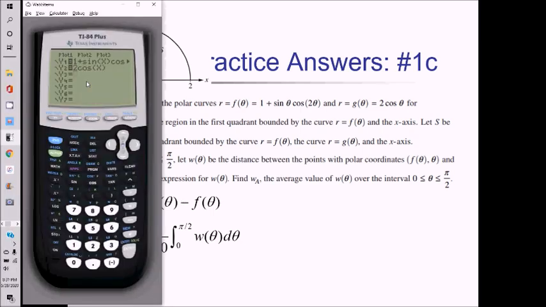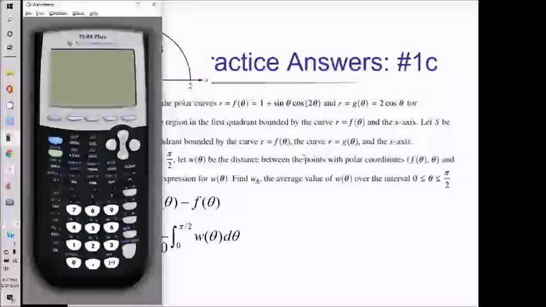To make this happen on the calculator, I need to define w on here, or at least it'd be helpful. So that was g minus f: alpha trace y2 minus alpha trace y1. There we go, and let me quit out of there. Now I'm going to do 1 over pi over 2. Let me do a fancy fraction, 1 on top, and down below another fancy fraction.